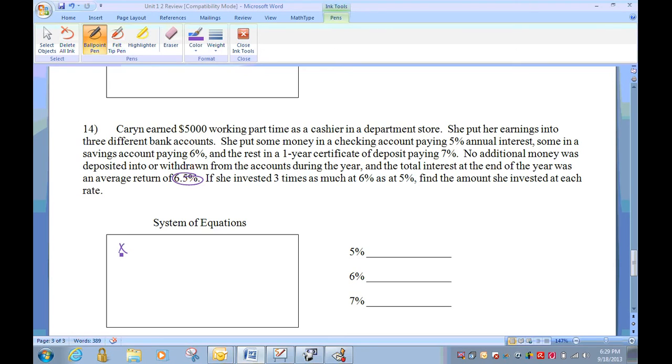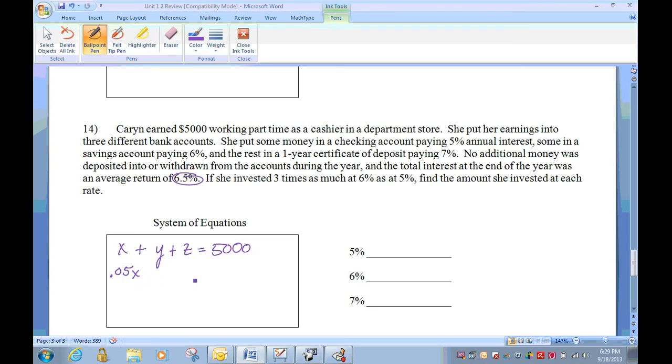She has 3 accounts. So I'm going to name them X, Y, and Z. And those represent the amount of money that she puts in each account. And the total amount that she invests in those accounts is $5,000. Okay, the 3 different accounts give different interest. On the first account, the checking account, she gets a 5% interest. So we write that as a decimal as 0.05 times the amount she invests.